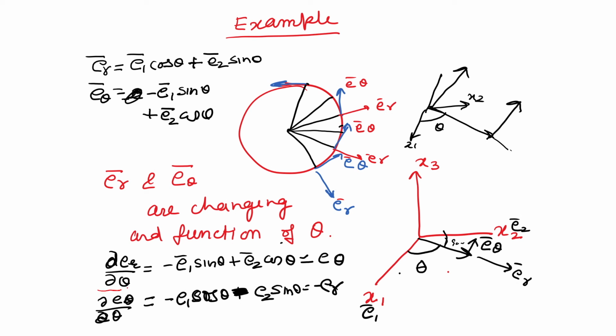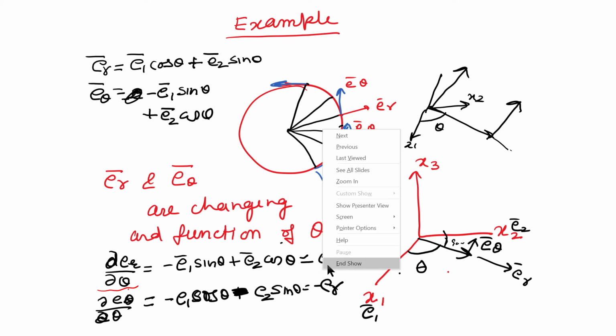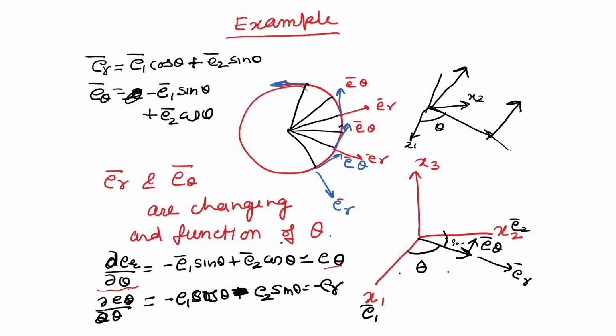So, basically dr by d theta is equal to e theta, and del e theta by del theta gives you minus of er. At undergraduate level it has been explained nicely for the case of a cylindrical coordinate system. Similarly here, for the case of shell surfaces, these have curvatures.